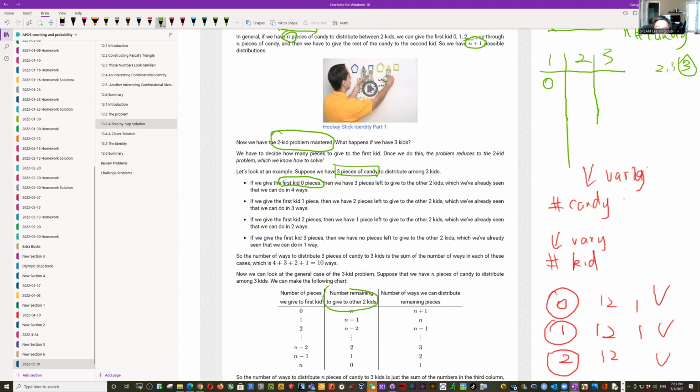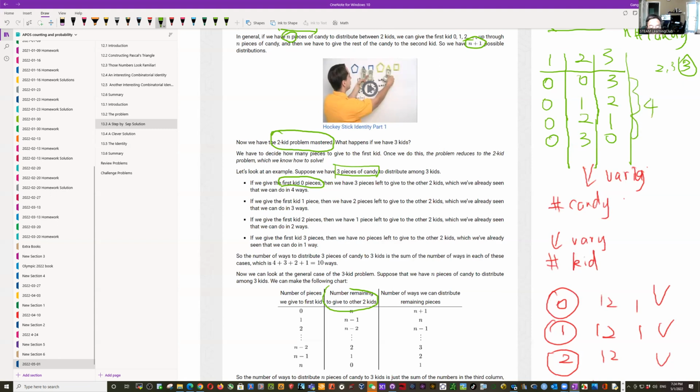You can completely list them out. 0 candy for the first person, 0 for the second one and 3 for the third one, and 1 for the second one and 2 for the third. So you can completely list them out. Basically they are 4 ways: 2, 1, and 0, 3, 0. So this is actually 4 ways.